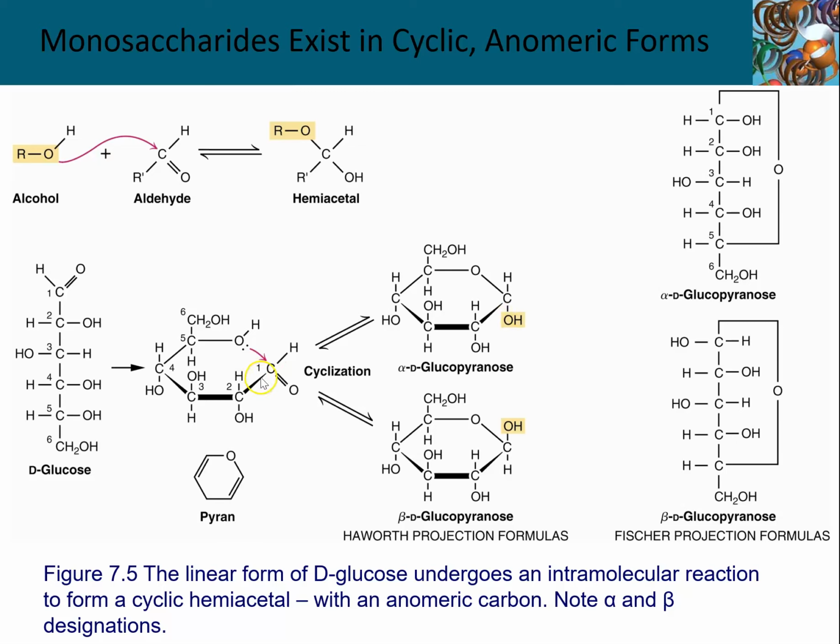This had freedom of rotation. It no longer has freedom of rotation because we're now in a ring. So the fate of this hydroxyl group, whether it's down, like we see here, or up, can happen. Either circumstance can happen. They don't happen equally because of stability reasons. And we'll get into that in a second.